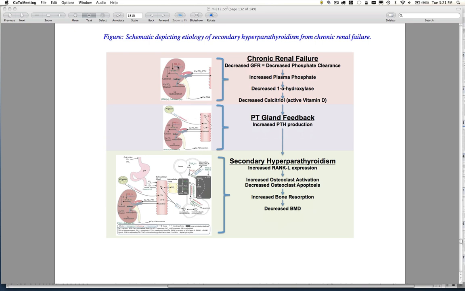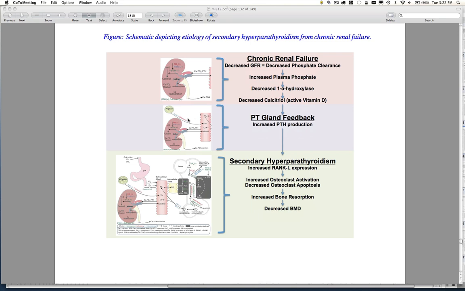And this phosphate then ends up feeding back and inhibiting the enzyme 1-alpha hydroxylase, which is involved in the conversion of vitamin D, the vitamin D3 that you may take through your diet, into its active form, calcitriol. And when you decrease the amount of calcitriol, you actually get a feedback.